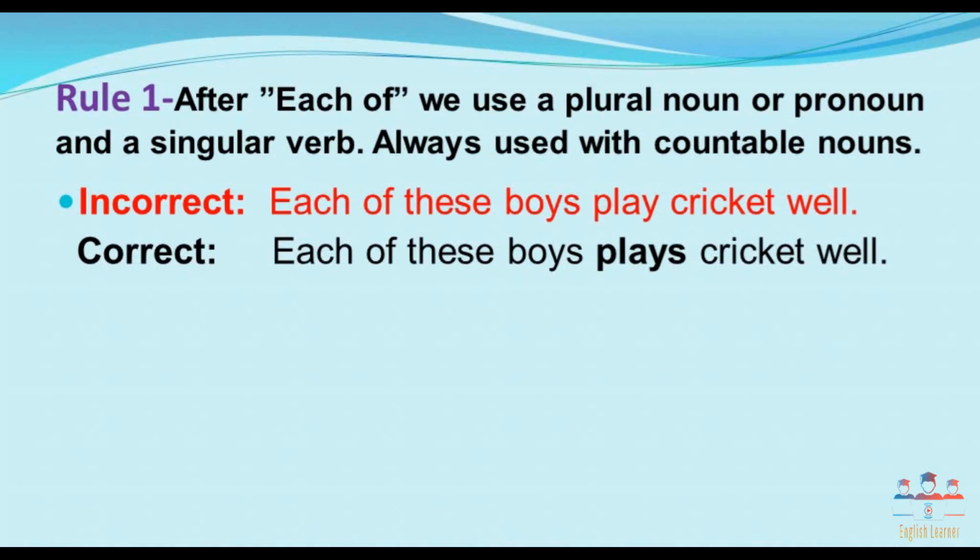As we know that we should use S with the singular ones, so we are going to replace play by plays. It will be, each of these boys plays cricket well.